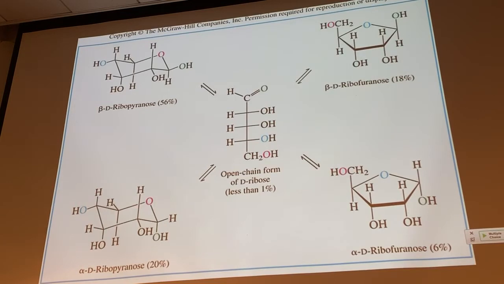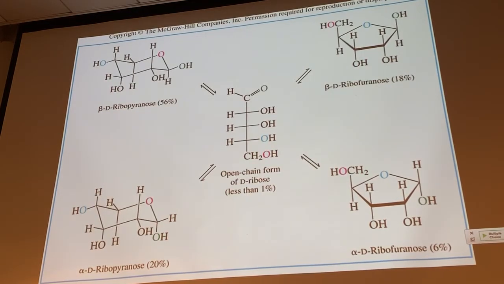So the most common place to see ribose, and deoxyribose doesn't have this OH group at C2, the most common place that we see those in nature is as part of DNA and RNA. And when they're in DNA and RNA, they do indeed form the furanose. Okay? So the furanose is the most biologically relevant form of ribose, but it is important to know that the pyranose is actually more stable. Any questions?